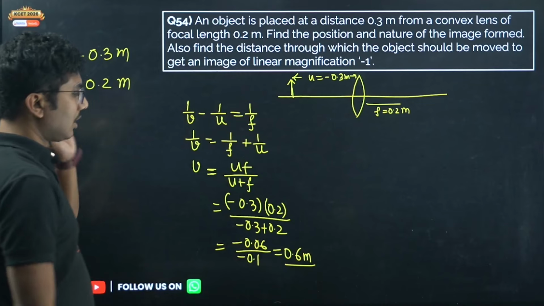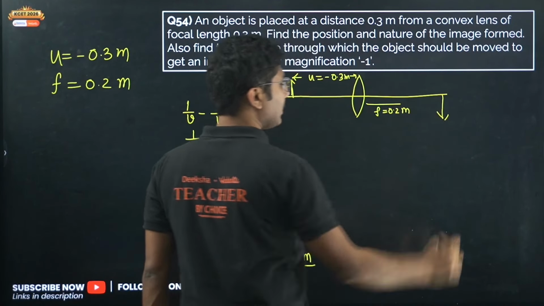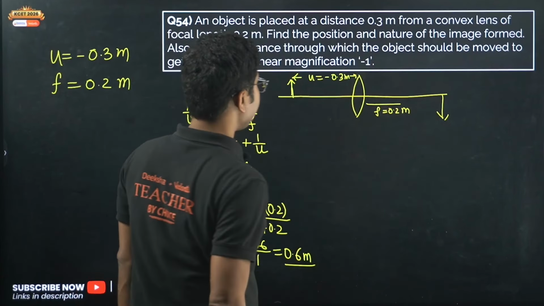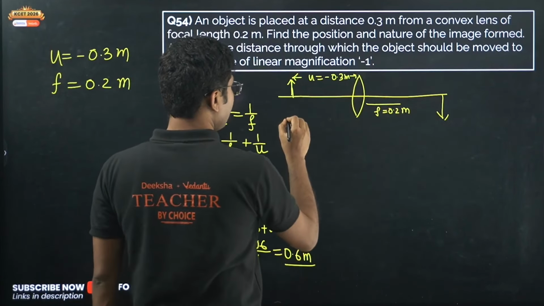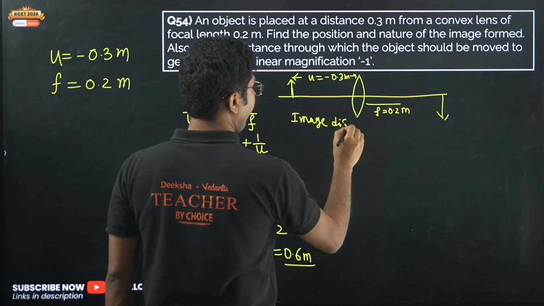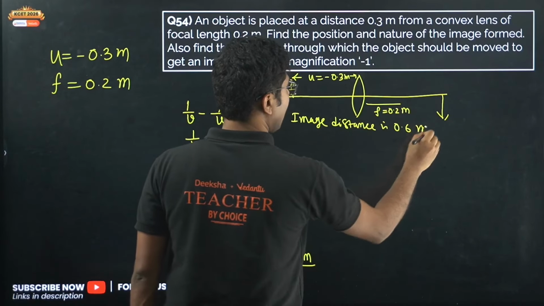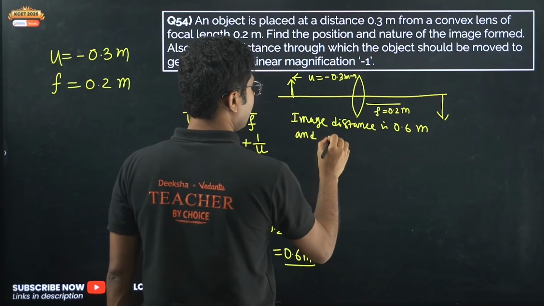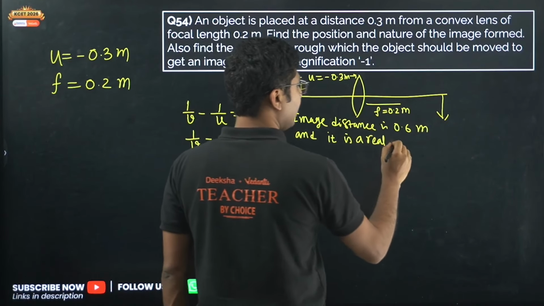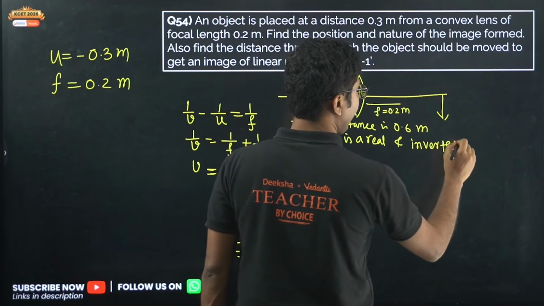So the image is 0.6 meters, forming on the other side. Definitely forming on the other side means it's a real image. So the nature of the image is real. The image distance is 0.6 meter and it is a real and inverted image.